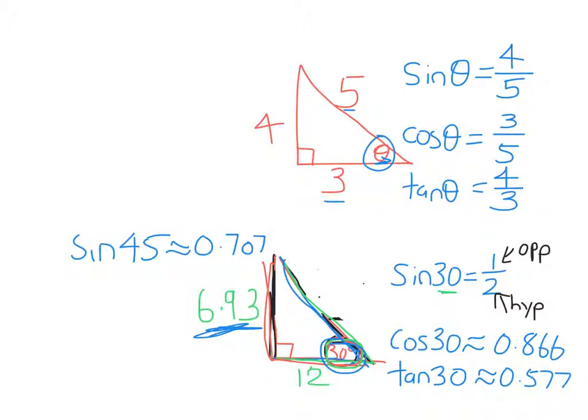You need to be able to identify the cosine ratio, which is the adjacent side divided by the hypotenuse, and also the tangent ratio, which is the opposite side divided by the adjacent side. So that's what we need to just understand, what these ratios actually are, and then when we get that, we'll be able to use them to find unknown sides and unknown angles in subsequent lessons.